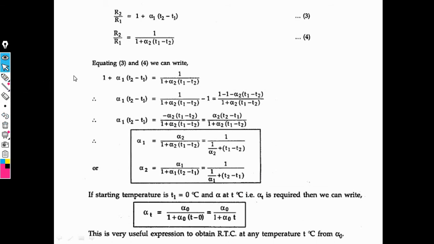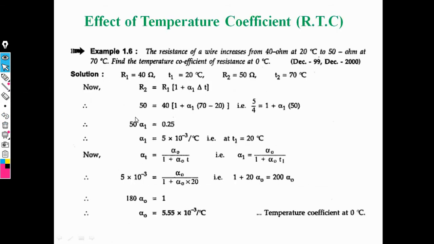Now here also, the problem based on the effect of temperature coefficient depends on resistance. The resistance of a wire increases from 40 ohm, that is, the initial resistance is 40 ohm at 20 degrees Celsius, that is T1 is equal to 20 degrees Celsius.